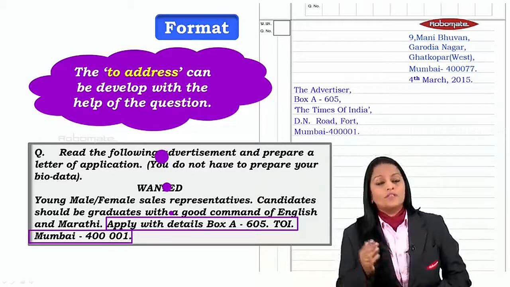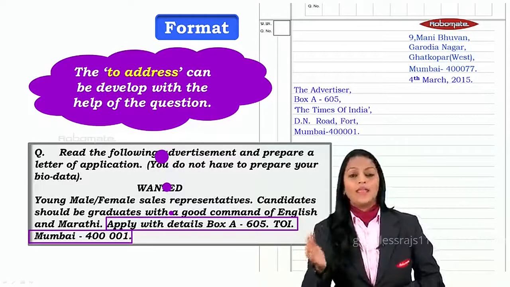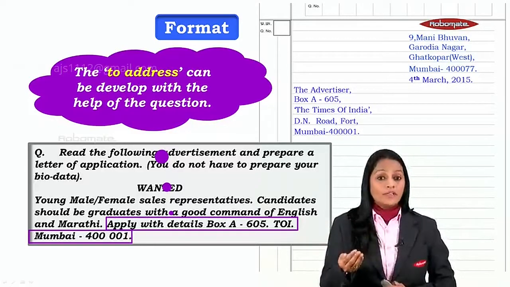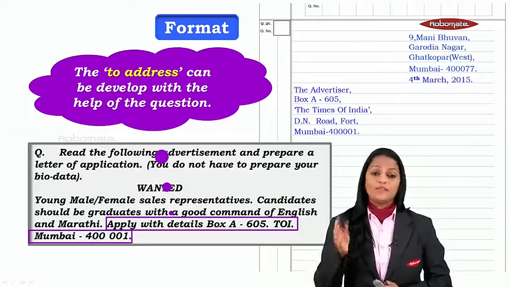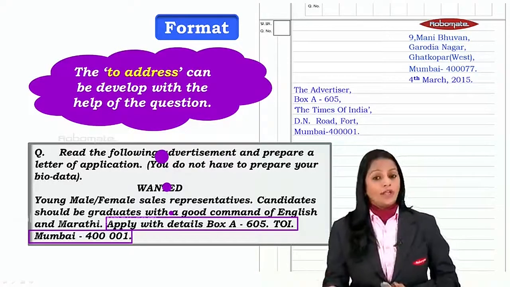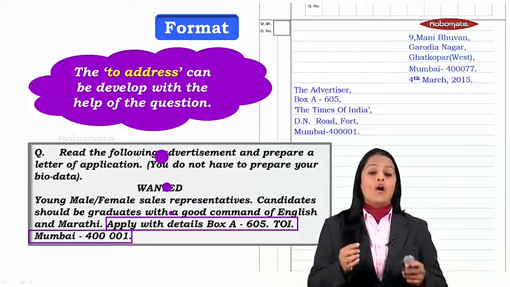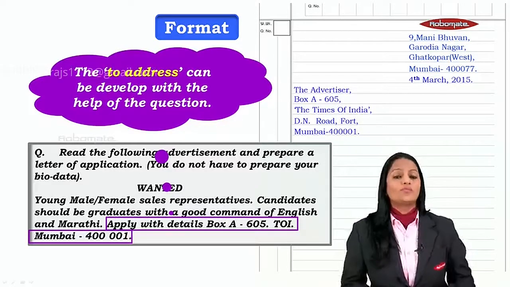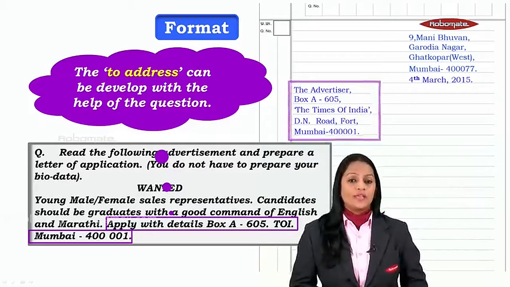But suppose this is not given to you, students, then you could write anything as your to address. Okay? If it is given that you have to write to the newspaper itself, then you write it like this. If it is not given, probably you could create your own address of the person to whom you are applying, or the company to whom you are applying. So we have already dealt with the to address.